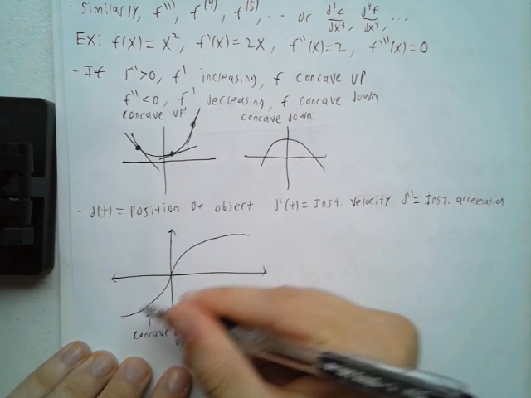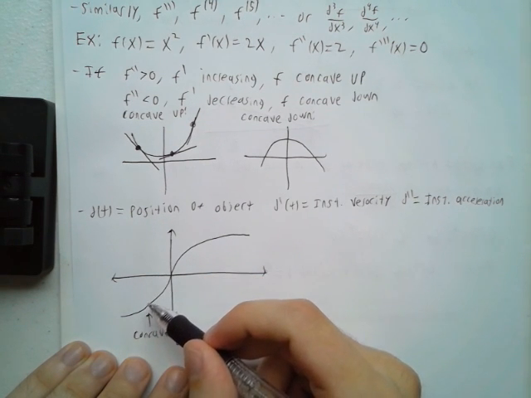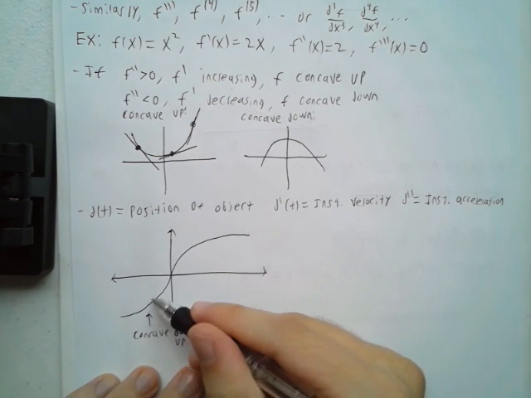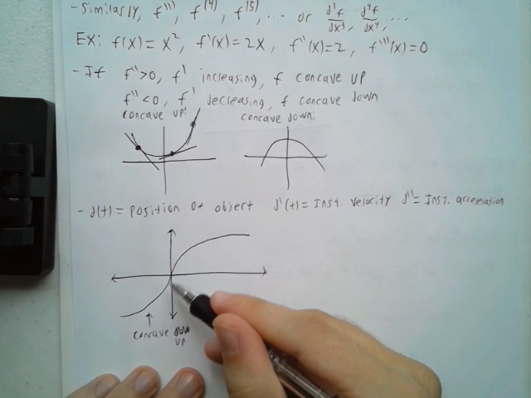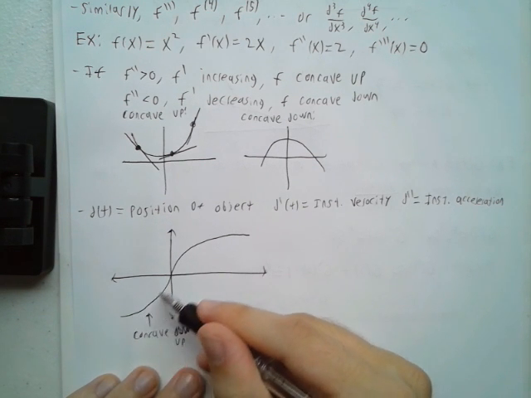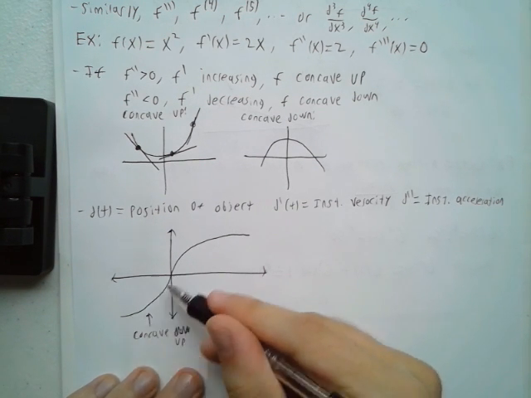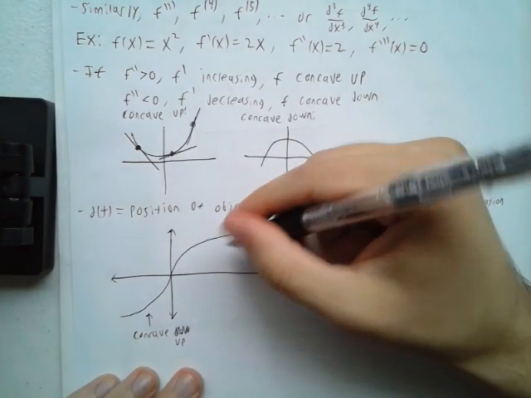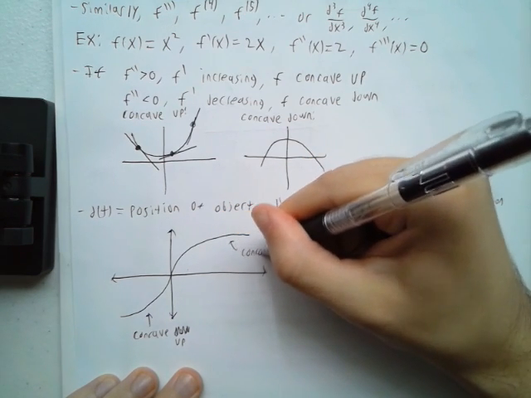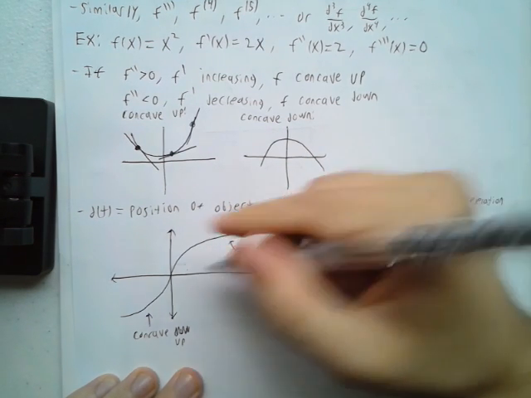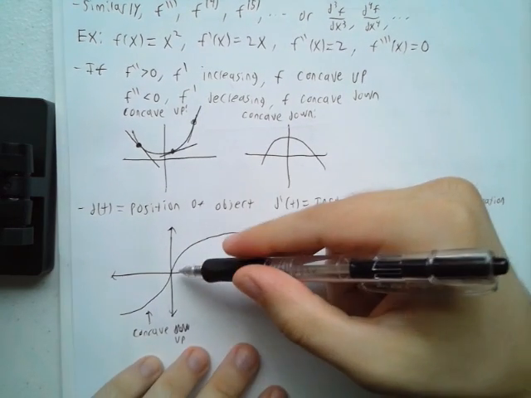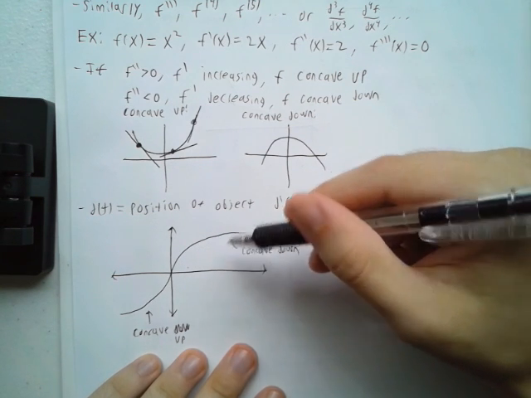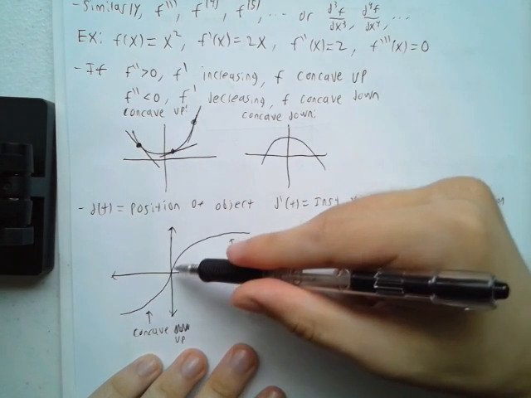And this means that the derivative is increasing. So over here we could say the function is increasing, and it's also increasing at an increasing rate, or accelerating. Over here to the right of 0, the function is concave down. So it's curving downwards. And so that means that the function values are still going up, right? The function is increasing, but now it's increasing at a decreasing rate. It's slowing down, or decelerating.